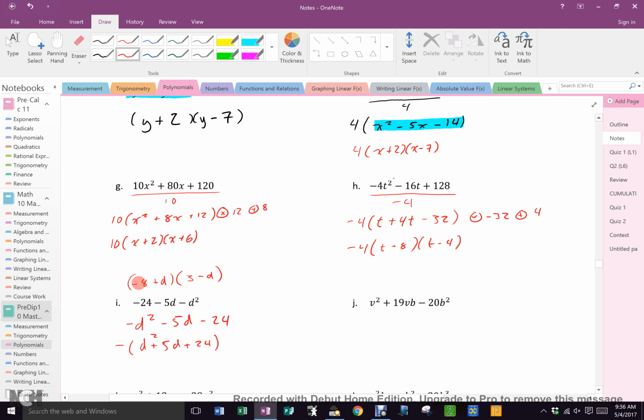Does that work? -8 times 3 is -24. Okay. -8 times -d is positive 8d, yes? Plus 3d still doesn't work. Okay? This is another one where you can't be fooled. Just because it looks good doesn't mean it is good.